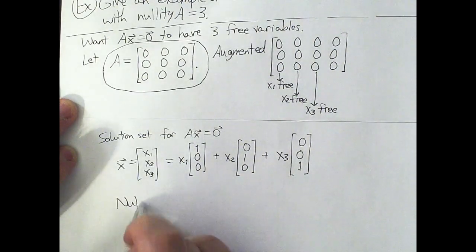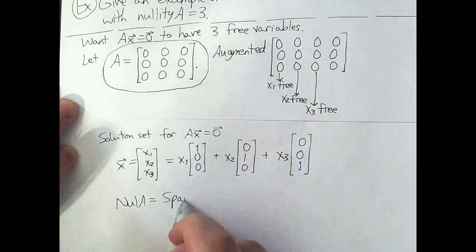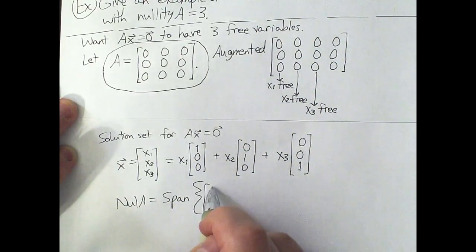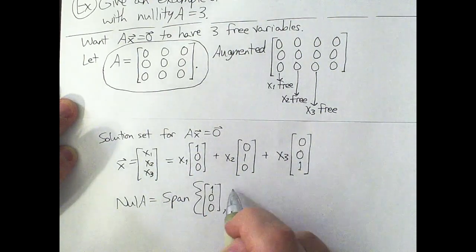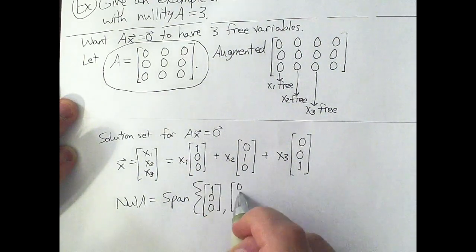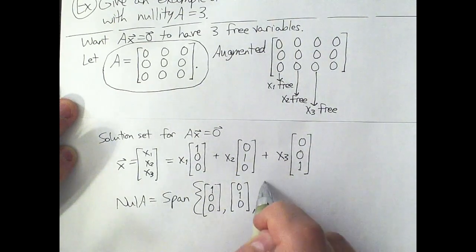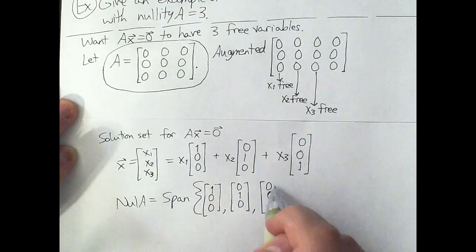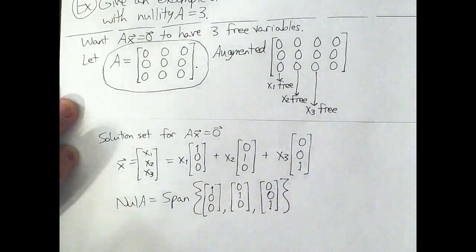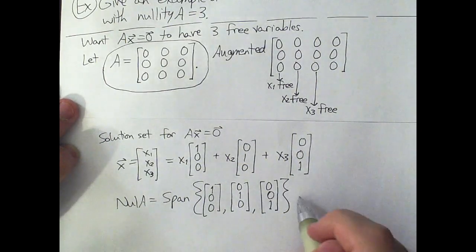So null A is the span of these 3, because they showed up in the parametric vector form. They're all linearly independent. Here we go. Hey, you know what? Something interesting happened here. What's the span of these three vectors?